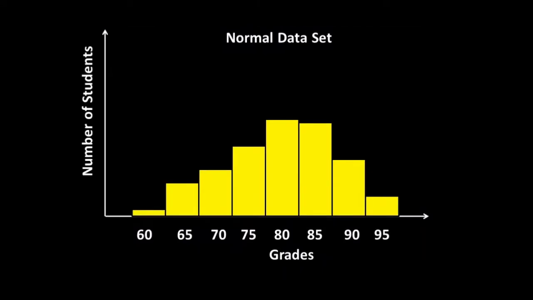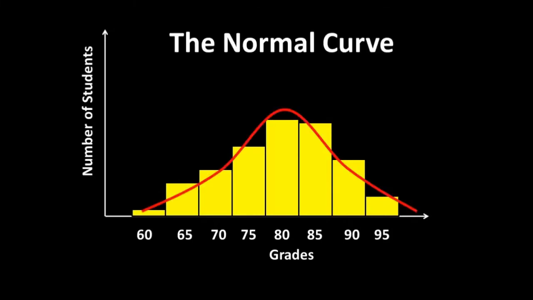A normal data set will look very much like the graph that we see here. This is an example of students' grades, which is the horizontal axis here, and the vertical axis is the number of students. And it's bell-shaped, and we will discuss the normal distribution in more detail later on.